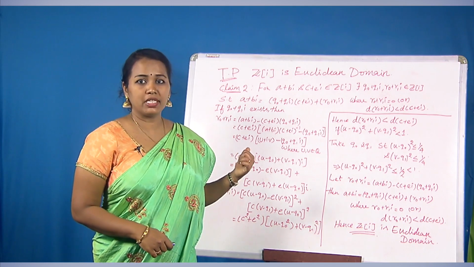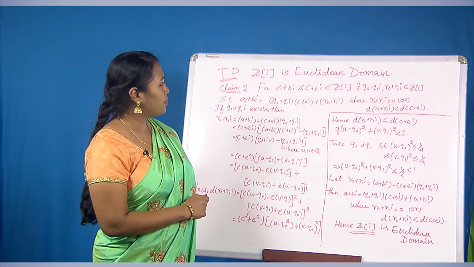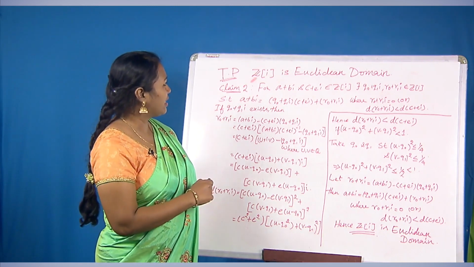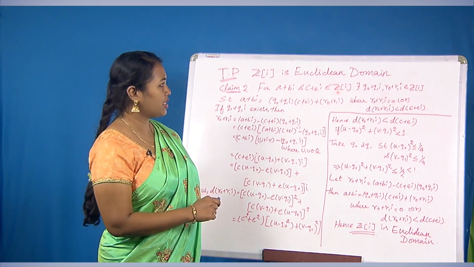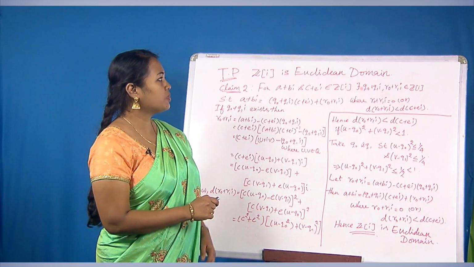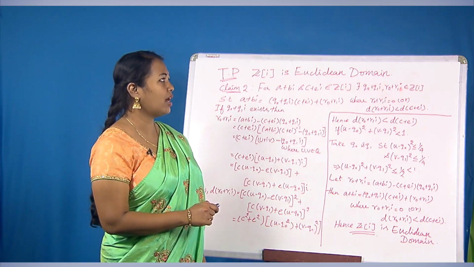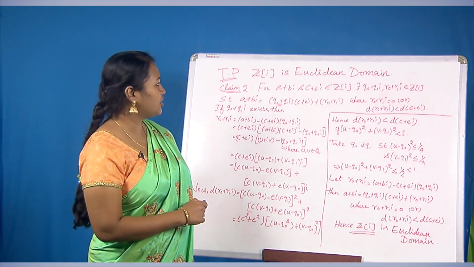We already proved the first part of the theorem. Now, we come to the second part, in which we have to prove the division algorithm part. We have to show that the second claim is this: for a plus bi and c plus ei belonging to Z of I, there exist q naught plus q1 I and r naught plus r1 I belonging to Z of I, such that this condition is true.